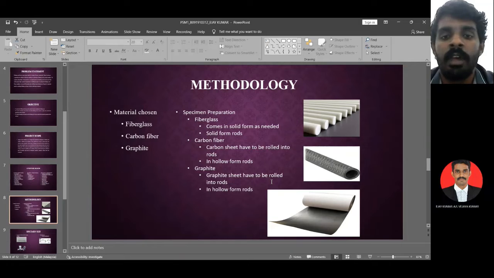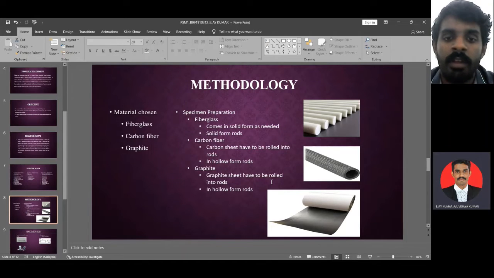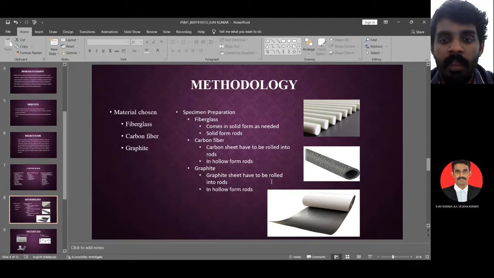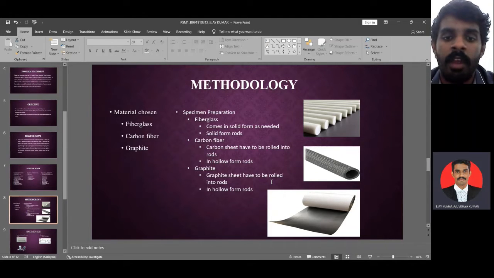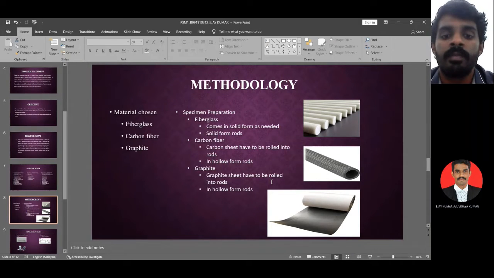form rod. As for carbon fiber, it comes in carbon sheet and has to be rolled into a rod using the composite lab in our faculty, and the specimen has to be in a hollow form rod, while graphite also comes in a graphite sheet and has to be rolled into a rod too.